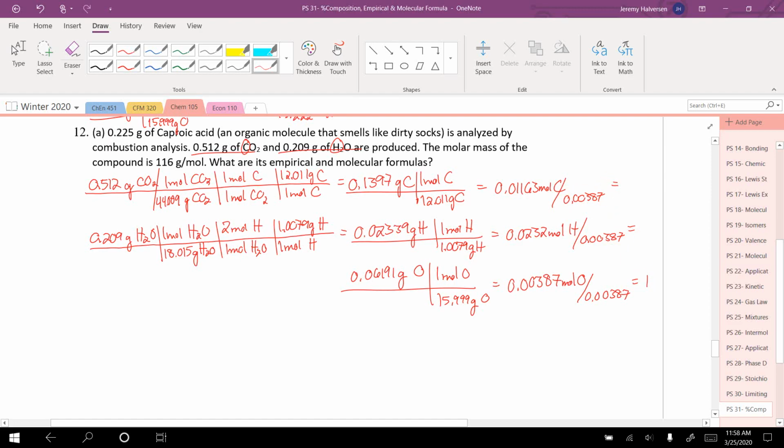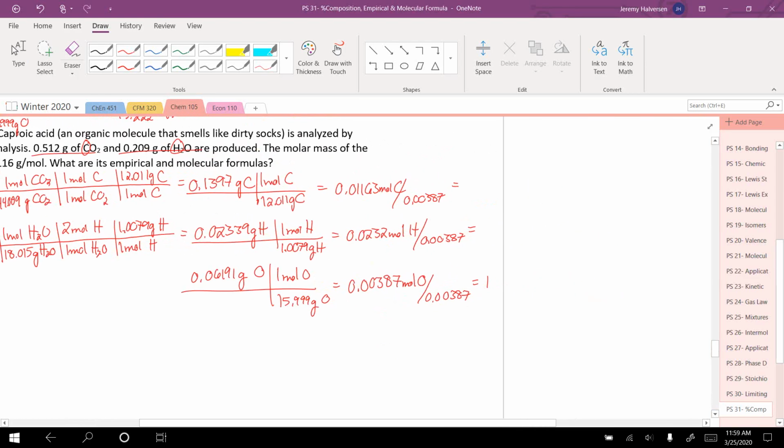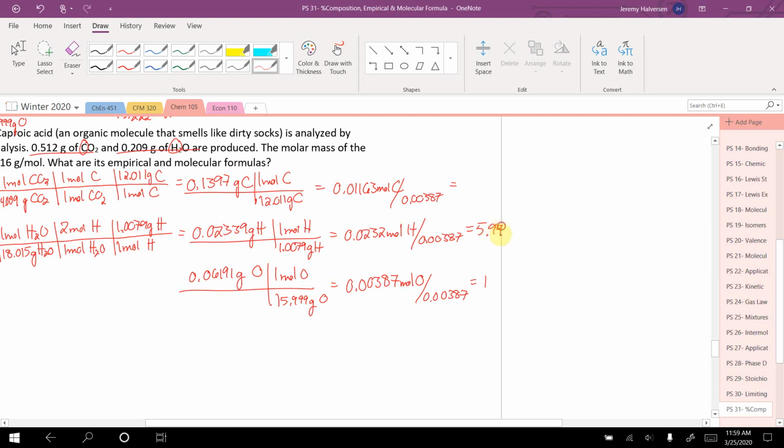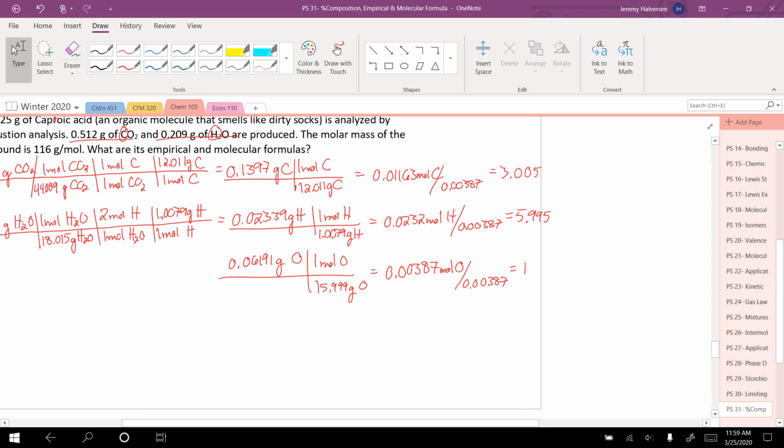So 1 there. There we go. These numbers are much nicer. So this tells me my empirical formula is going to be C3H6O.